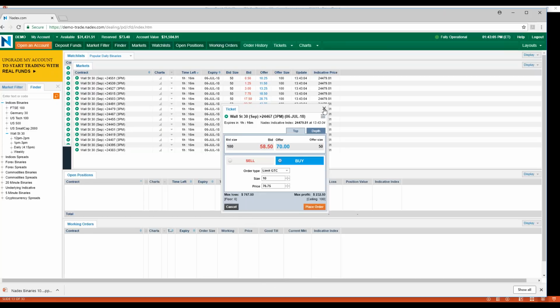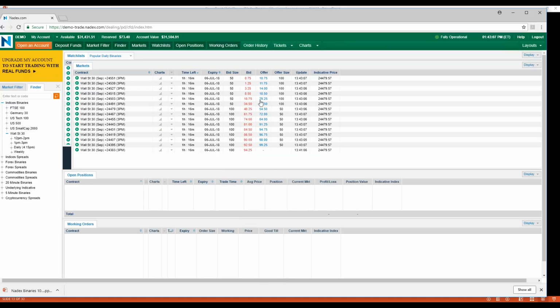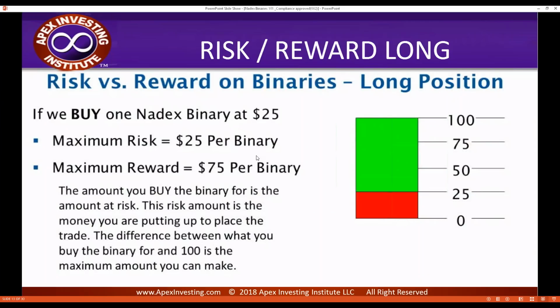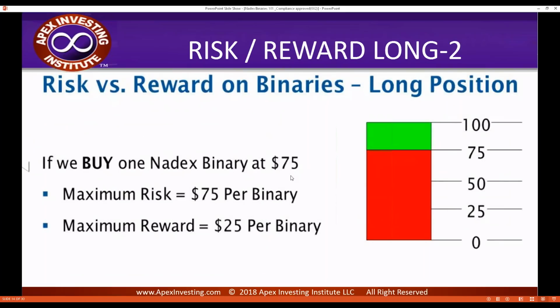Make sense? Okay, so on the buy side, whatever amount you buy it for is your maximum risk. Your potential profit is the amount you bought it for up to $100. Okay, pretty simple.